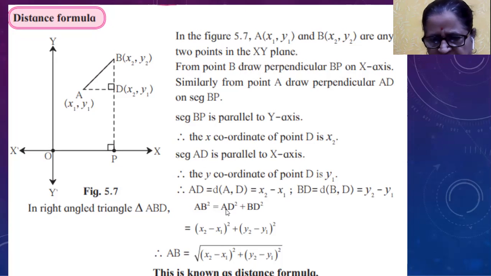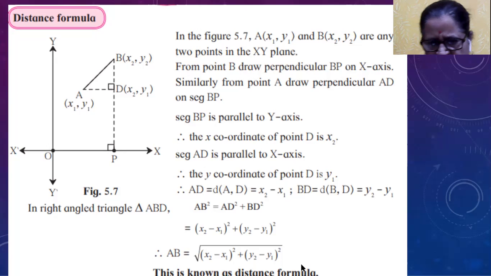So here it is given, the distance AD is x2 minus x1. Here A is a point, that is x1, and this is x2. So AD is equal to x2 minus x1, and BD is y2 minus y1.